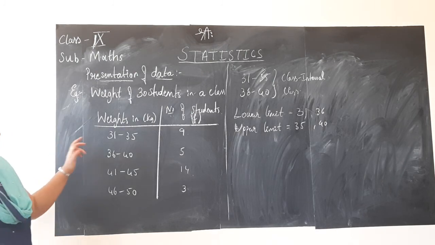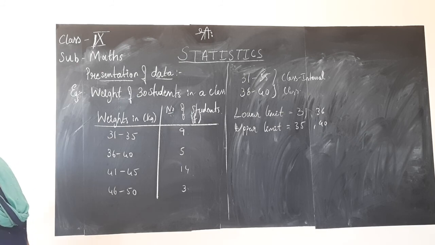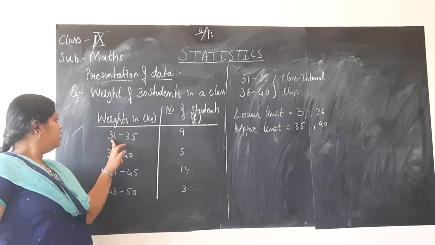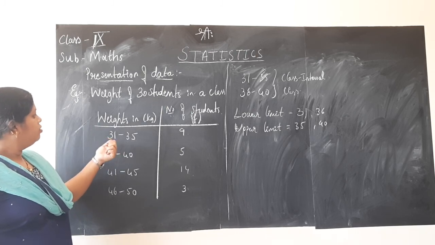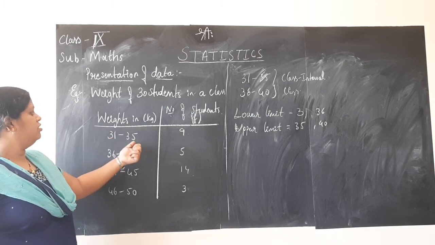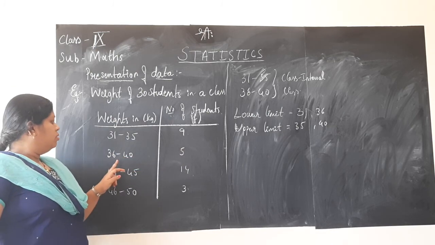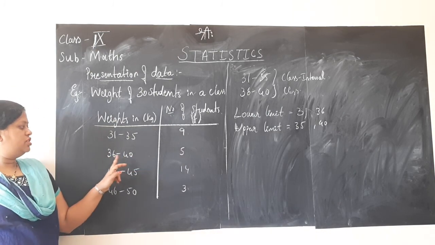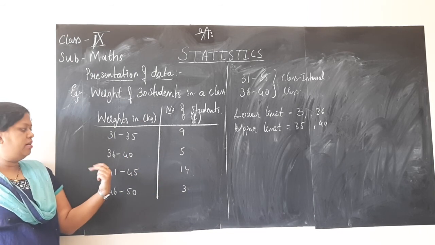Now, from this frequency distribution table, we can understand that the students whose weights are in the range 31 to 35 kg are 9 in number. Students who weigh 36 to 40 kg are 5 in number. That is how you should understand from the table.